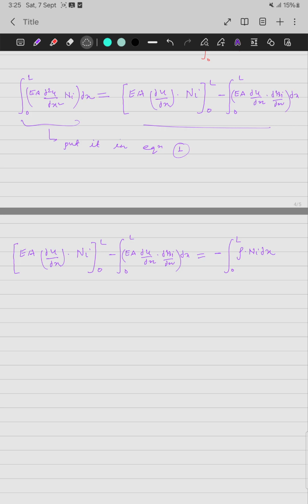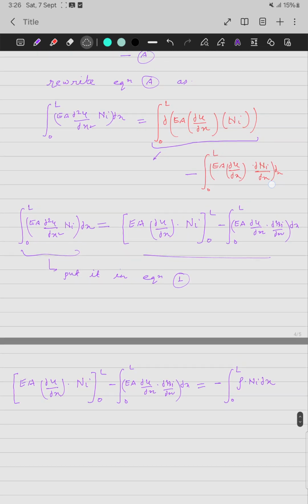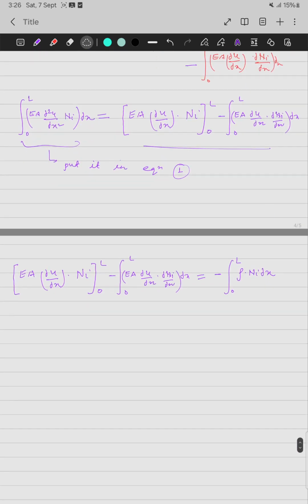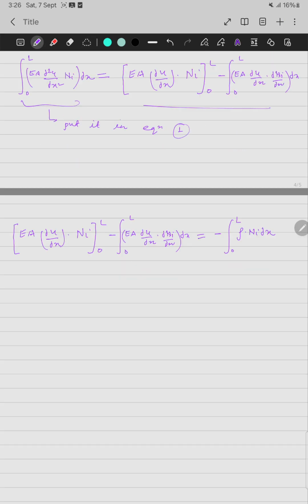How can we write it? If we see, if the load is concentrated at nodes, then here this whole term is basically denoting the concentrated load at nodes.